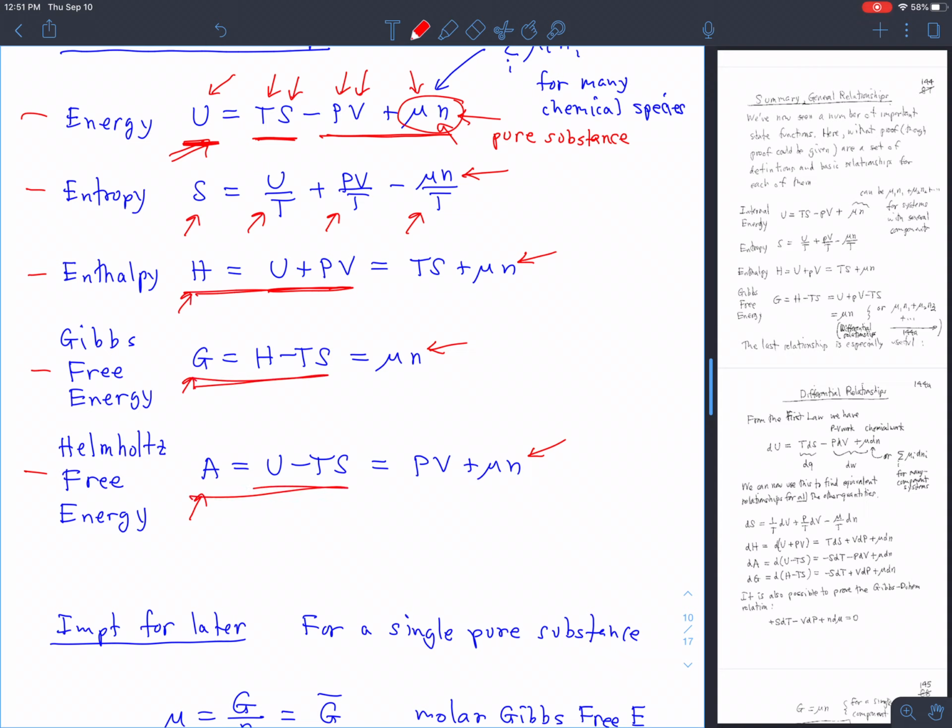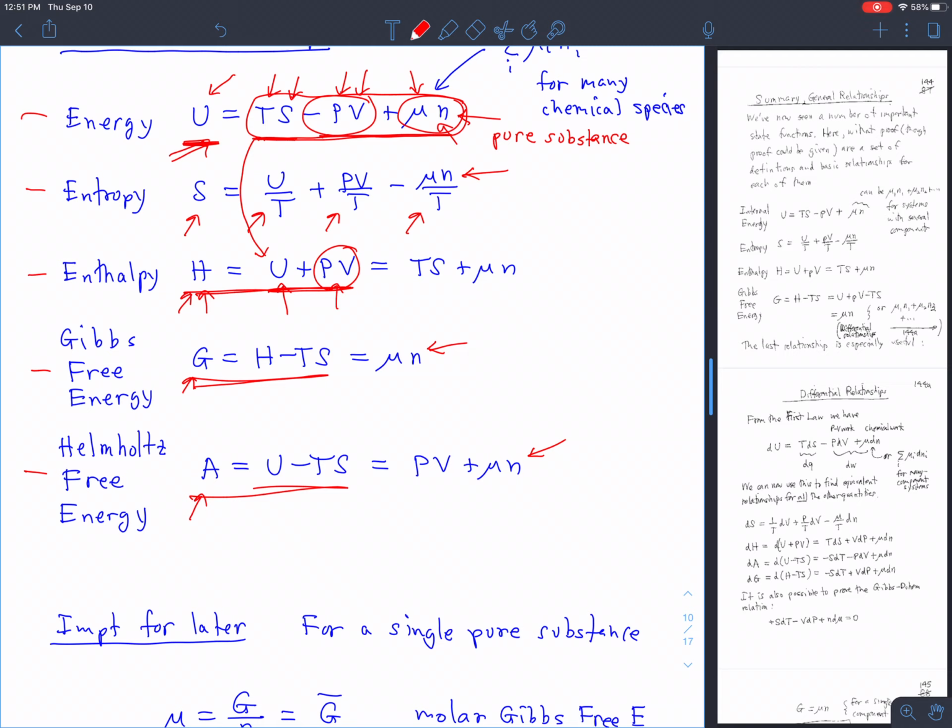So for enthalpy, the definition is energy plus PV. If I take this expression now for the energy and plug it in there, you can see that this PV is going to cancel with this minus PV, and you're going to just be left with TS plus mu N as the Euler relationship for the enthalpy.